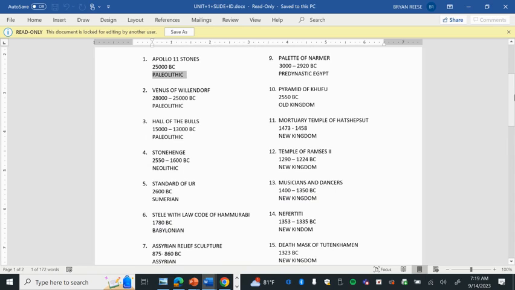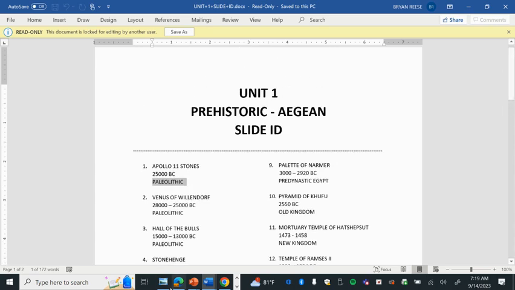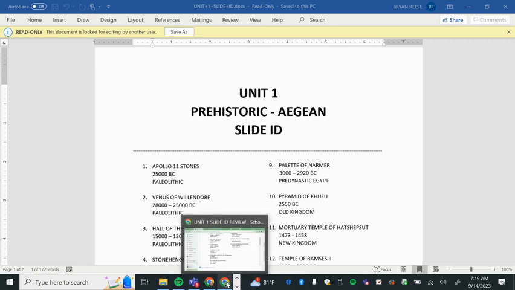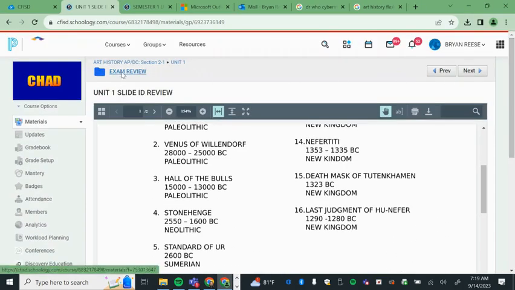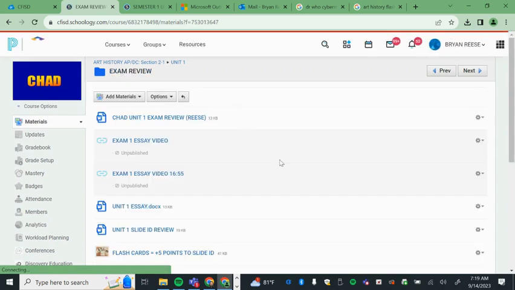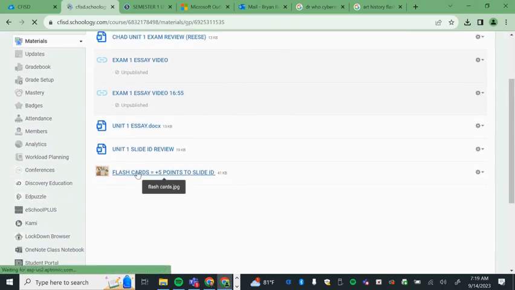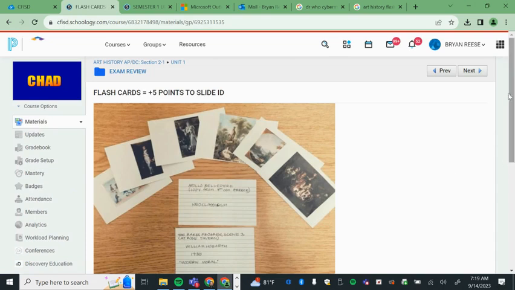The best way to study for the slide ID portion of the exam is to make flashcards and just memorize these. When I was taking my courses in art history, I made flashcards. This is just an example of flashcards.